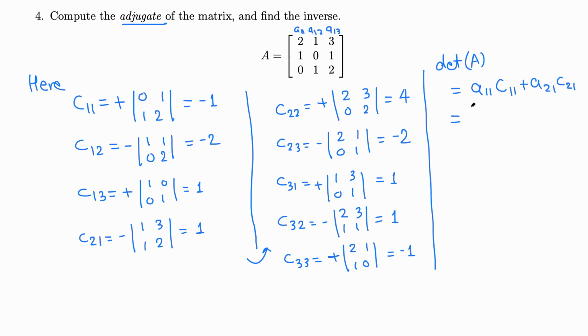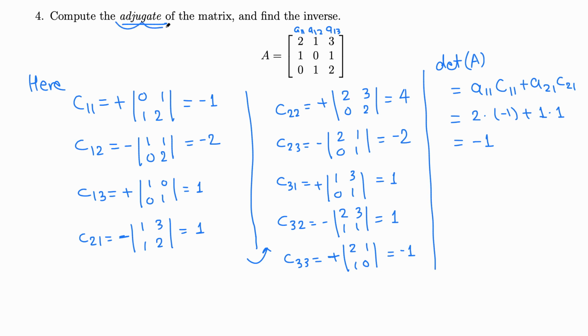And A11 is 2, C11 we found here, that's negative 1. A21 is 1, C21 is found here, and we put negative because that's negative, so it comes out to be just positive 1. So negative 2 plus 1, so negative 1. So determinant of A is negative 1.